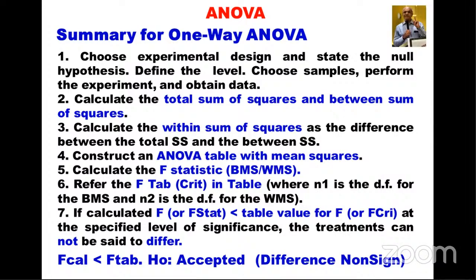From that, we can get F calculated and F tab. F calculation, that is the F statistic, and F tab, that is the F critical also. And from the values, whether it is less than or greater than, conclude yourselves whether H0 is accepted or rejected. Is the difference significant or non-significant? In our example, it was not. Okay, so that was one-way.